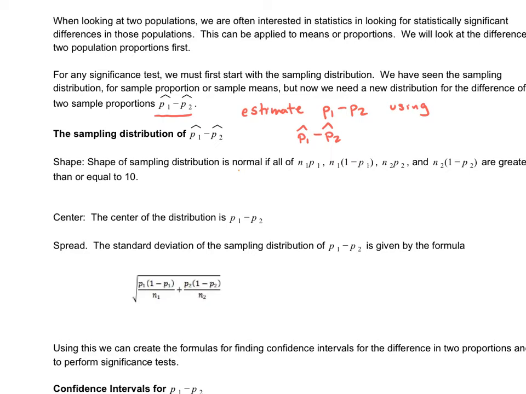So just like we did before when we started with a single mean or a single proportion, we set up a sampling distribution. And the sampling distribution exists for the difference of two proportions as well. And we have it listed here.